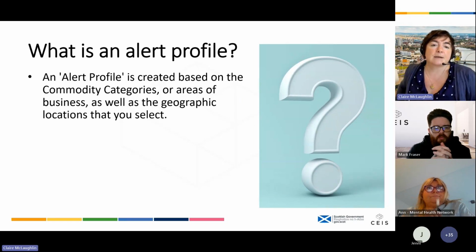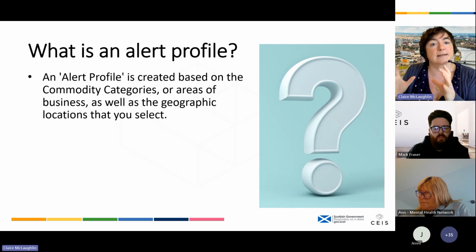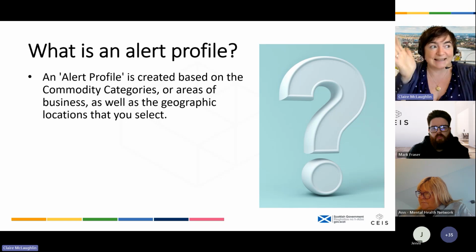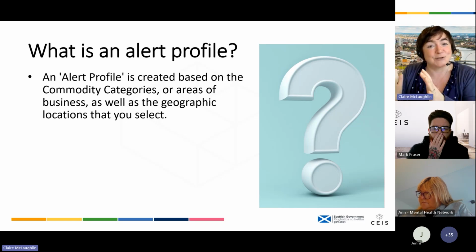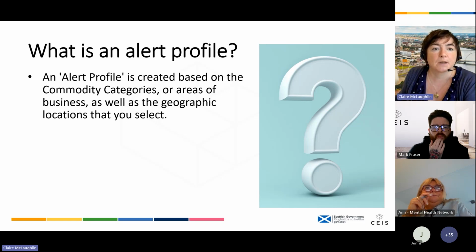It's a profile that's based on what were called commodity categories or areas of business and geographic locations that you'd be interested in supplying to. So you're basically saying, here are the things that I'm interested in, and if there are any contracts published that hit that category and that geography, I want to receive an email about it.